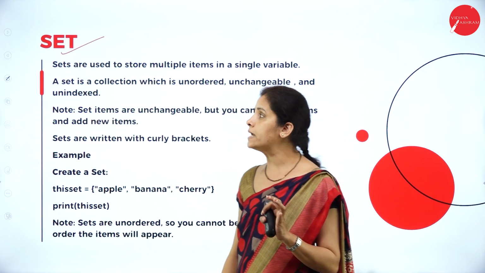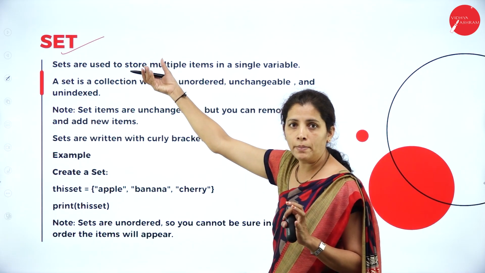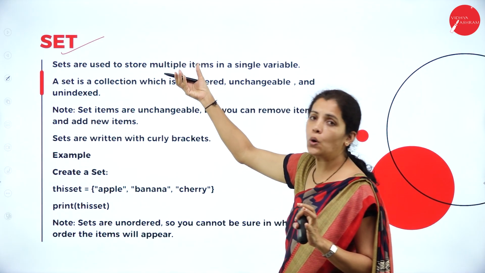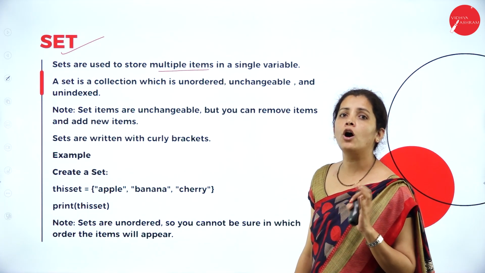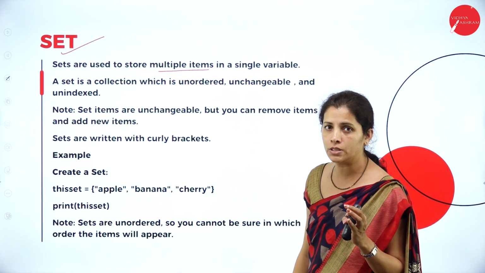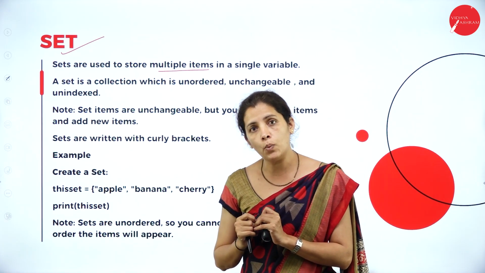So what is a set? A set is nothing but a variable used to store a collection of multiple items or multiple values. A single variable used to store multiple values.